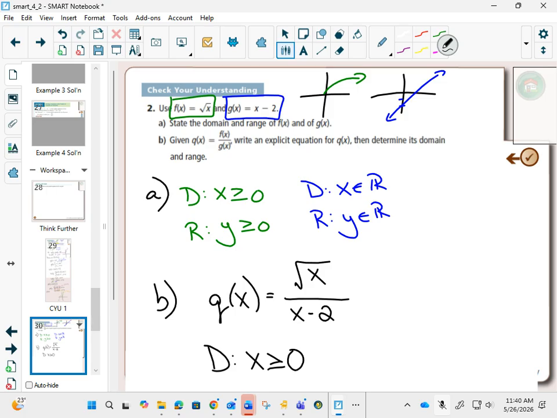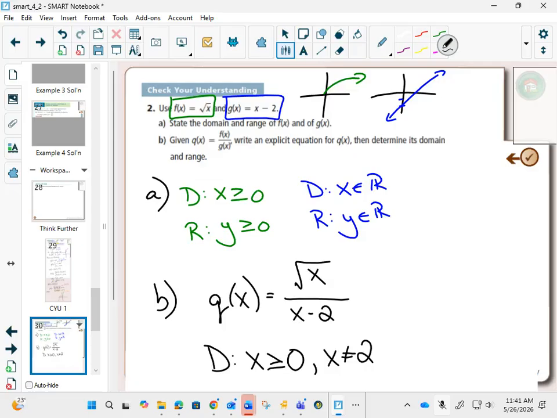But q of x also has a non-permissible value. You're not allowed to divide by 0, and that happens when x is equal to 2. So we add to the domain that x can also not equal 2.